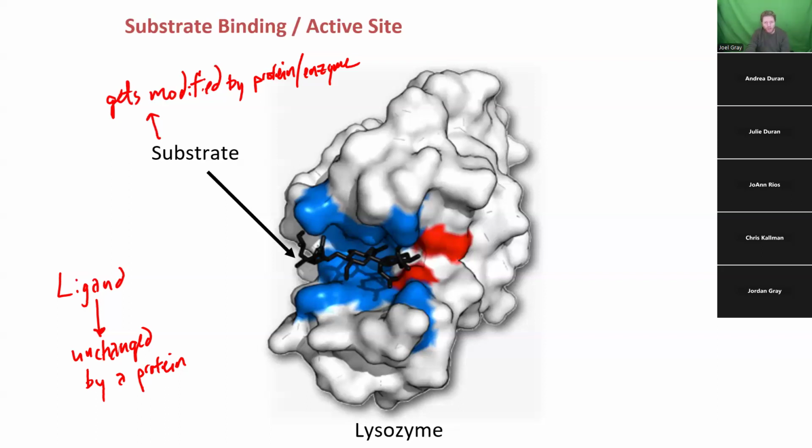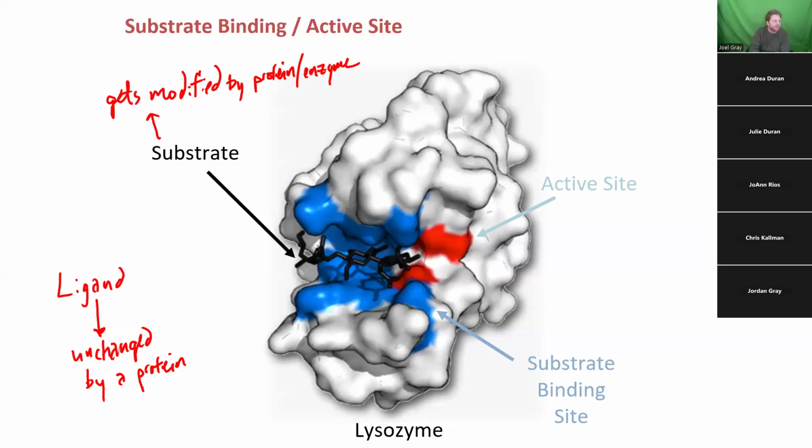Now, the different regions that are white, blue, and red: the blue region represents our substrate binding site. So basically, the part of the protein where the substrate is going to be like, aha, that's where I fit. Then the red region is the active site.